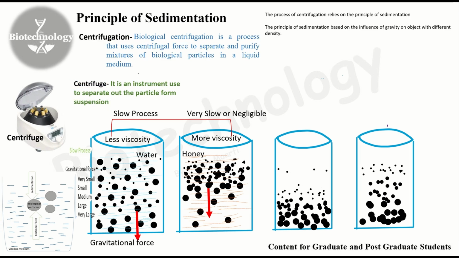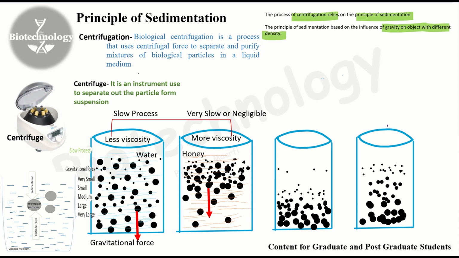The process of centrifugation relies on the principle of sedimentation. Sedimentation is the settlement of any particle under the influence of gravitational force. So, the principle of sedimentation is based on the influence of gravity on objects with different density.